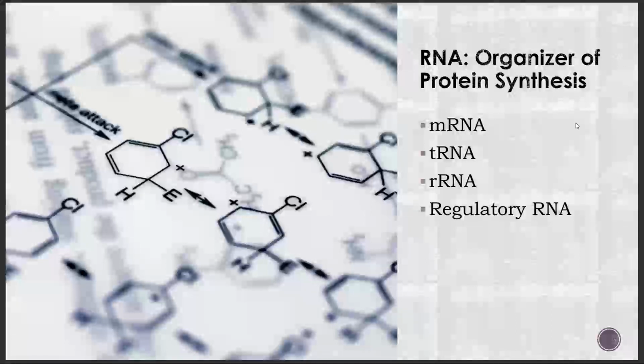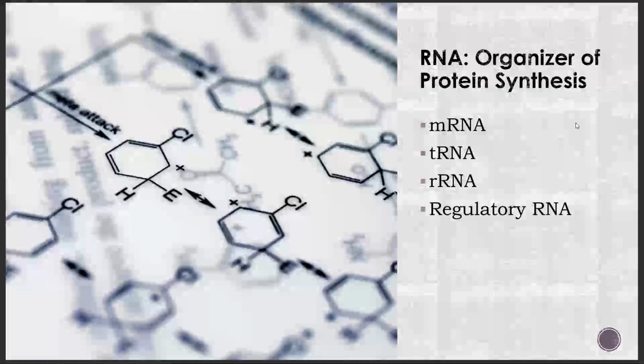There are many varieties of RNA, and they're all going to be involved in regulating gene expression and protein synthesis. Last time we talked about some of the regulatory RNAs in passing, things like short interfering RNAs, long non-coding RNAs, but the main ones that are involved in protein synthesis are mRNA or messenger RNA. This is the one that's going to be providing the code or the message to actually make the protein. Others that are involved are tRNA or transfer RNA.